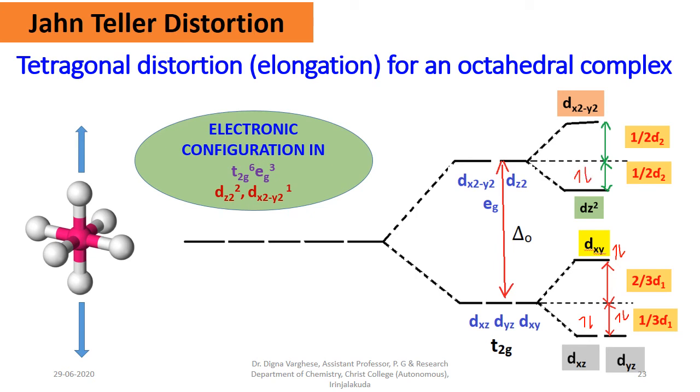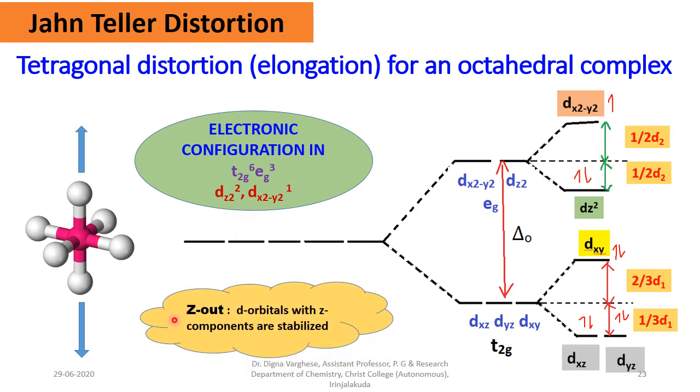The lower energy level dz square is filled, and then the last electron goes in the dx square y square orbital. That is the electronic configuration in tetragonal distortion.